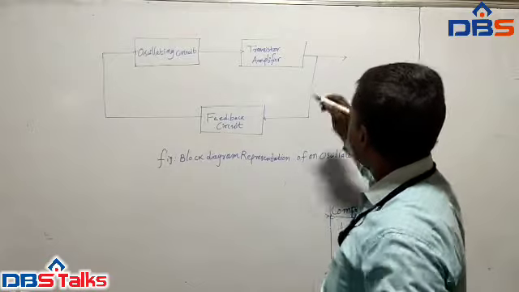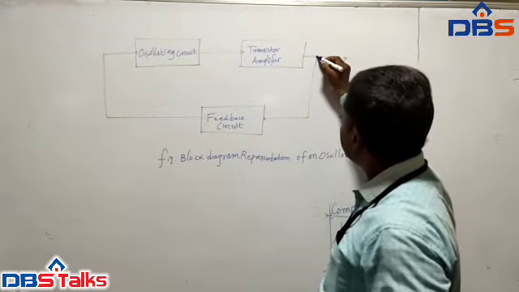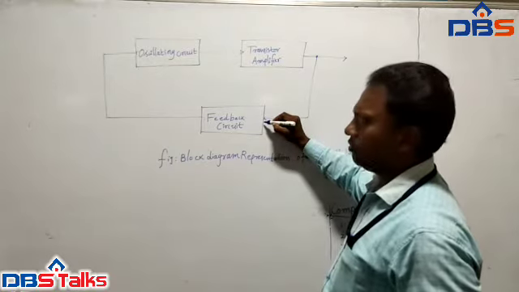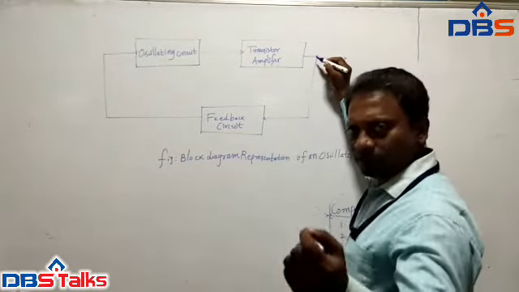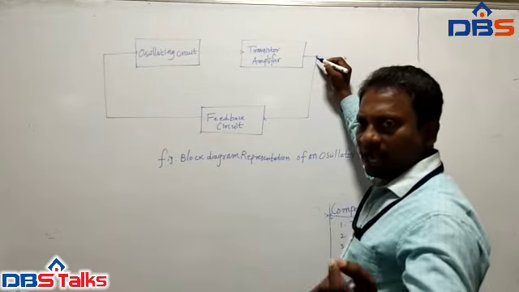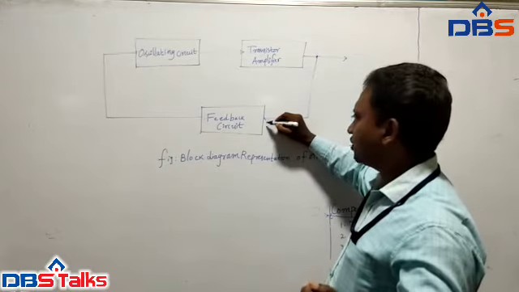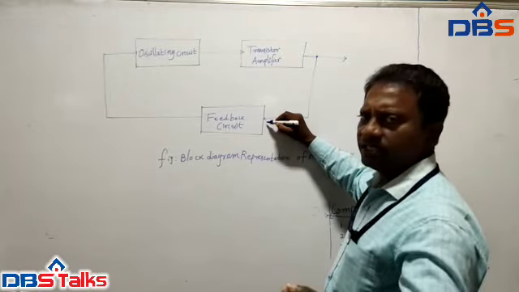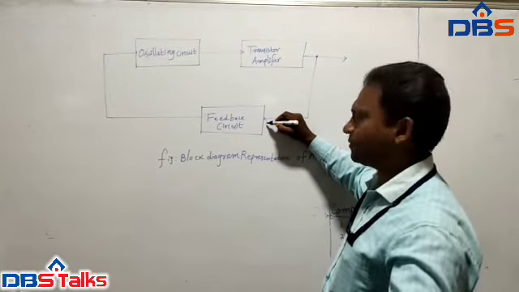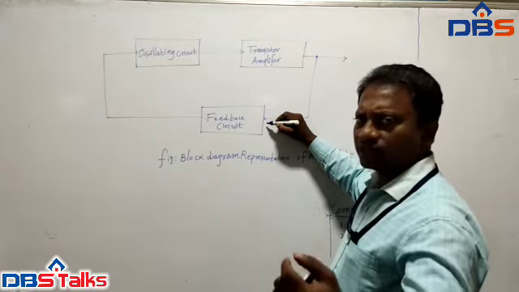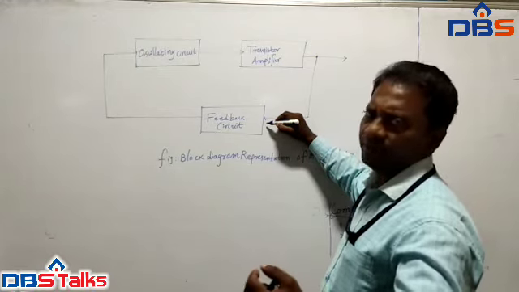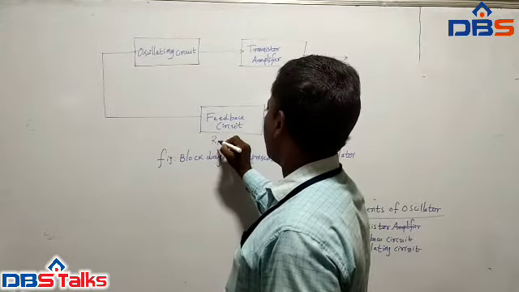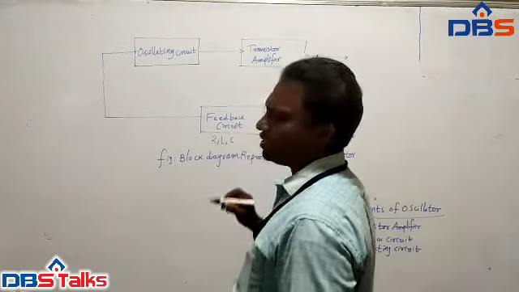Now we take some part of the output signal and give it to the feedback circuit. Feedback means we take part of the output signal and that part is given as input for the feedback circuit. The feedback circuit generally contains resistor R, inductor L and capacitor C components.